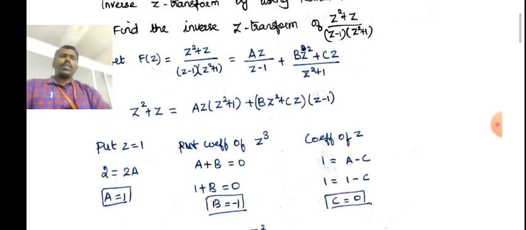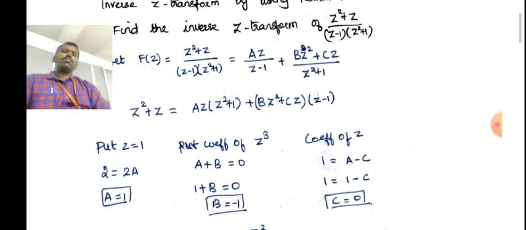above equation. Why do we have to put z equal to 1? We have to find the constant values a, b and c. When one term becomes 0, we can find the remaining constant value. Therefore we put z equal to 1.